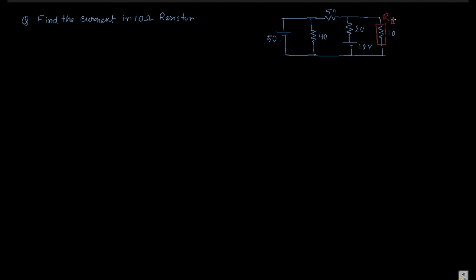So it means that you should replace this complicated network by a current source that is denoted by IN and an equivalent resistance which is connected across that current source, and the equivalent resistance is called RN.